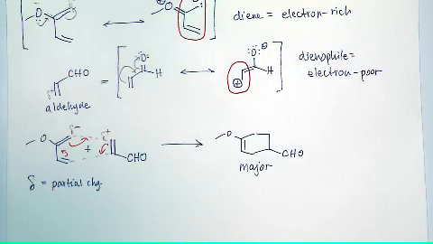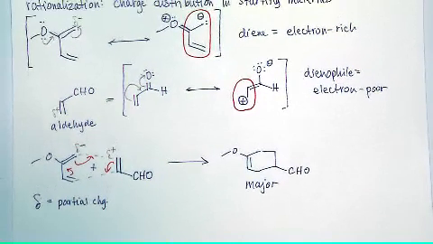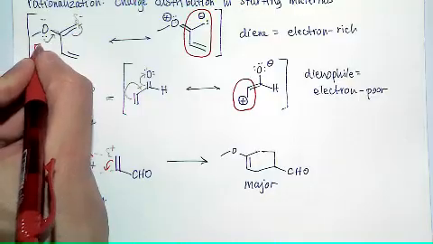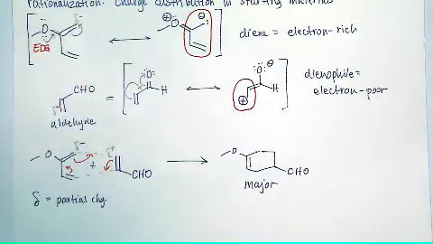Okay, so technically, you need to do this every time you're predicting the products of a Diels-Alder reaction where we have two unsymmetrical starting materials. But in practice, you'll notice there's a trend here. So in the diene, we have an electron donating group.